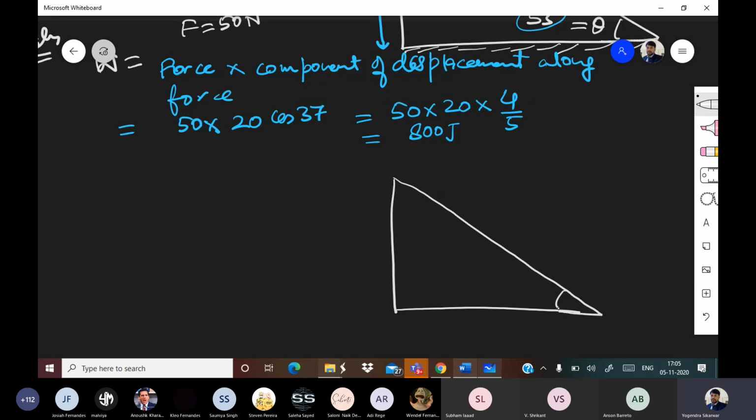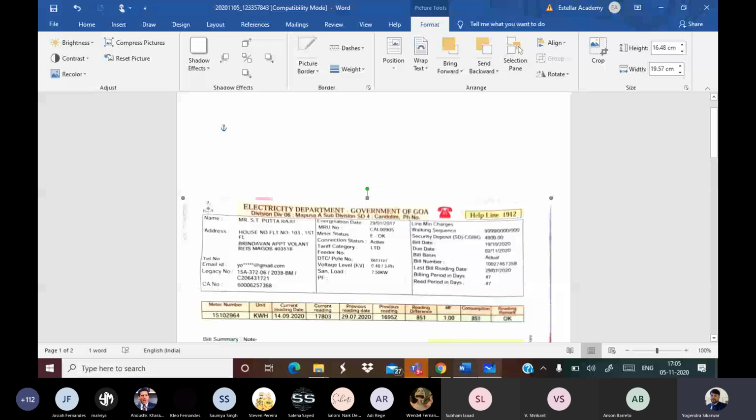Pay attention, everyone. This is 53 degrees. This is the block M, which is 5 kg, and mu is equal to 0.5. This time it is not smooth, and this is 20 meters.